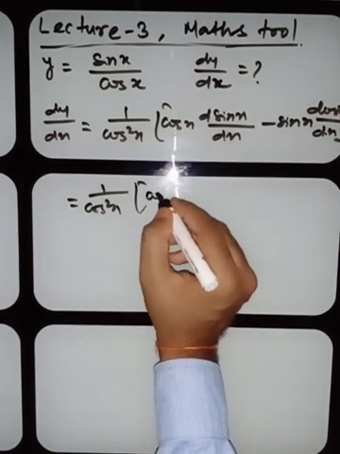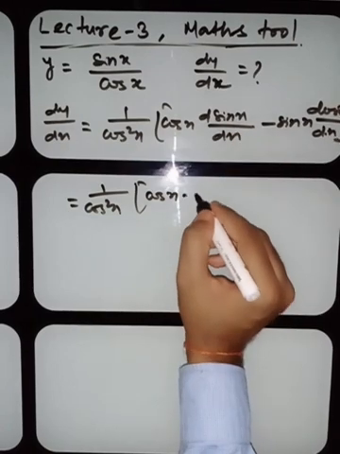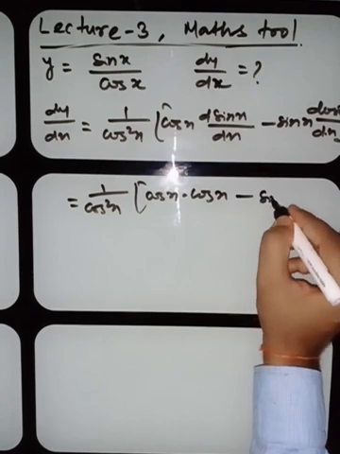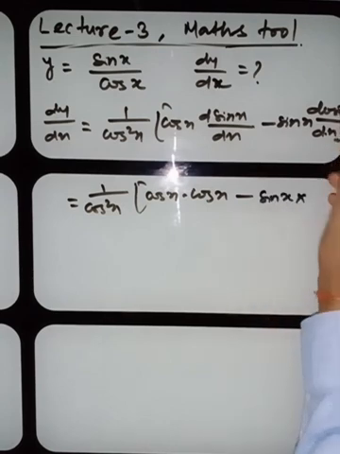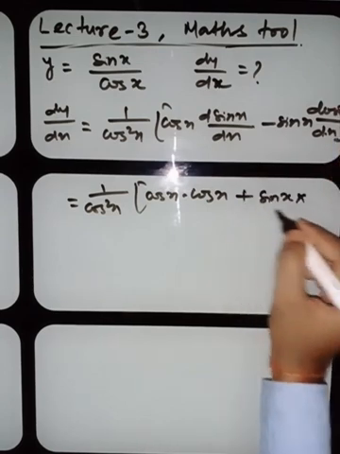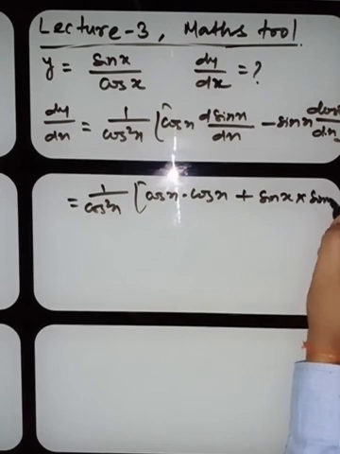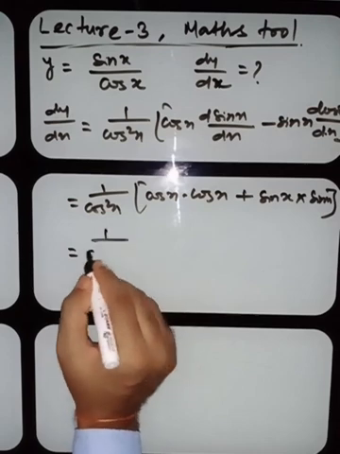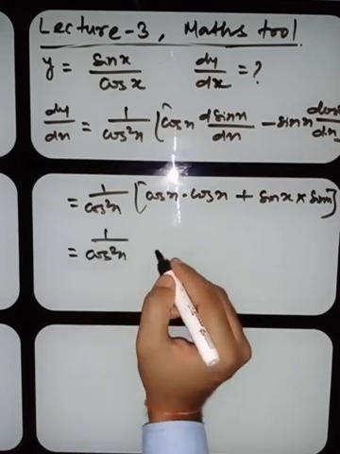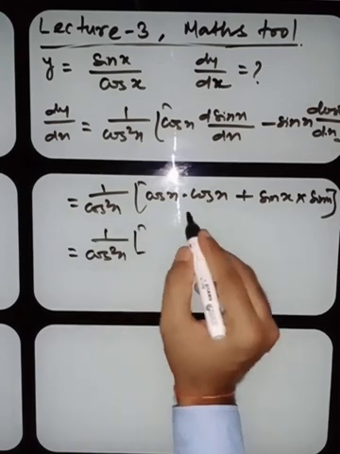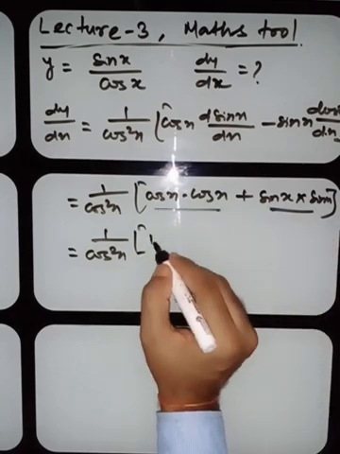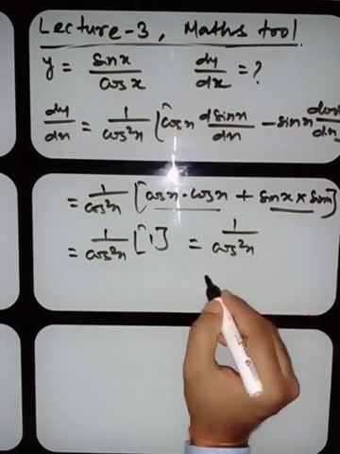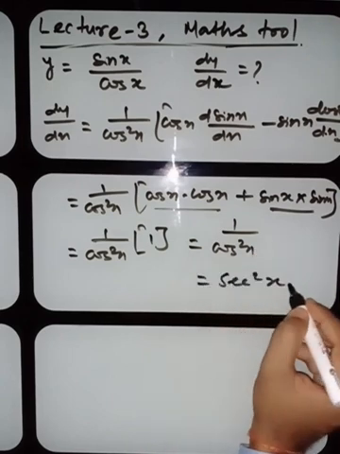Here cos x times cos x, minus sine x times the differential of cos x, which is minus, and this minus becomes plus again sine x. Now it is 1 by cos square x and it is cos square x plus sin square x.